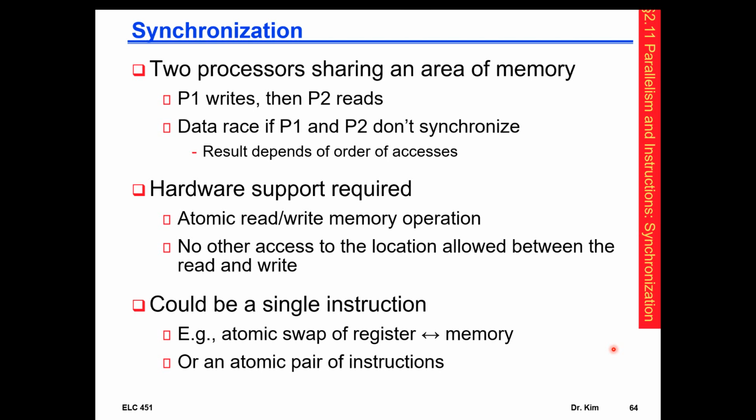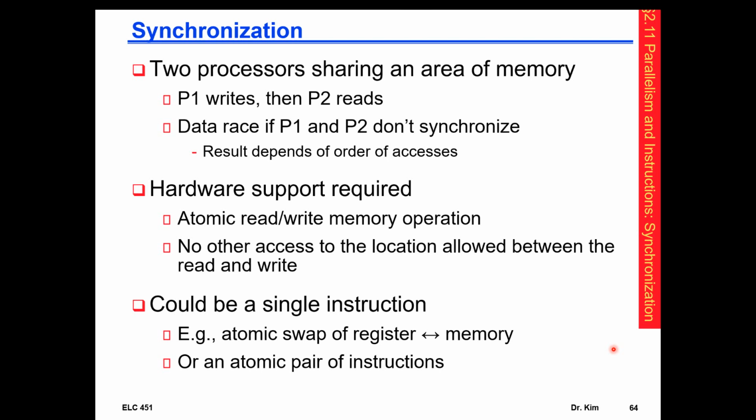So the question is, when you have two processes that are sharing some area of memory, how do you guarantee the coherency of the data? In other words, if processor 1 gets some data from that shared area and modifies it, and then processor 2 goes and gets that same data, that data is stale.